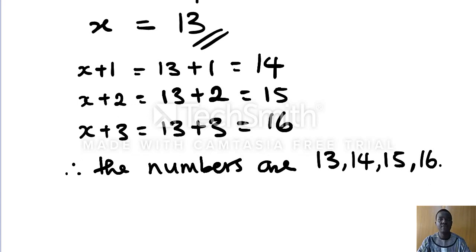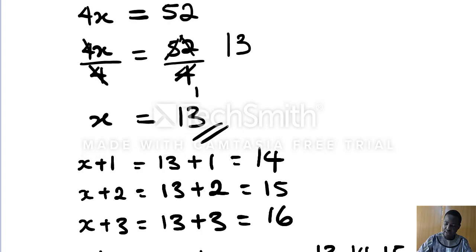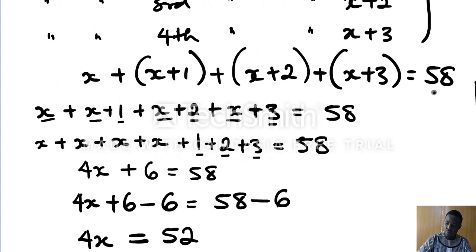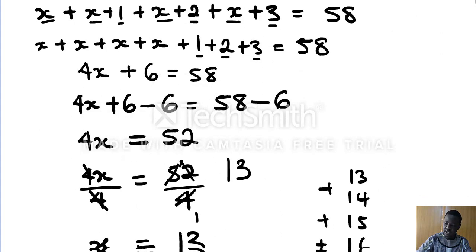Also, you can verify to know if your answer is true or false by summing these numbers together. So let's sum up 13 plus 14 plus 15 plus 16 to see if their sum will be equal to 58.